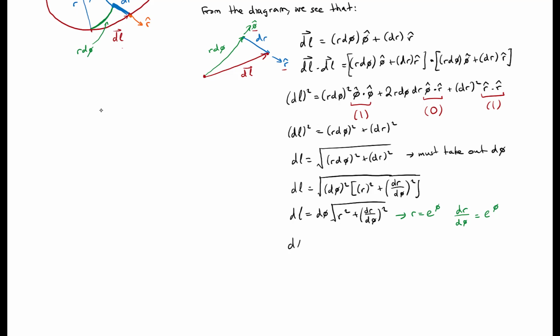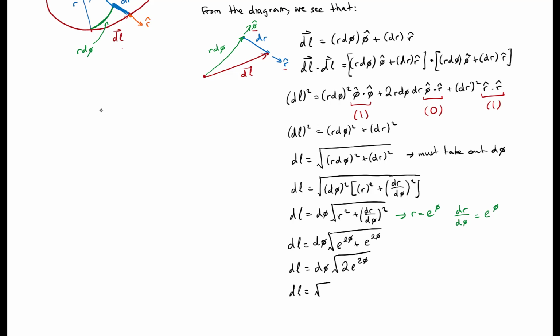So dl is equal to d phi times the square root of, with r equal to e to the phi, so squared it would be e to the 2 phi, plus e to the phi squared, which is e to the 2 phi. dl is equal to d phi times the square root of 2e to the 2 phi.